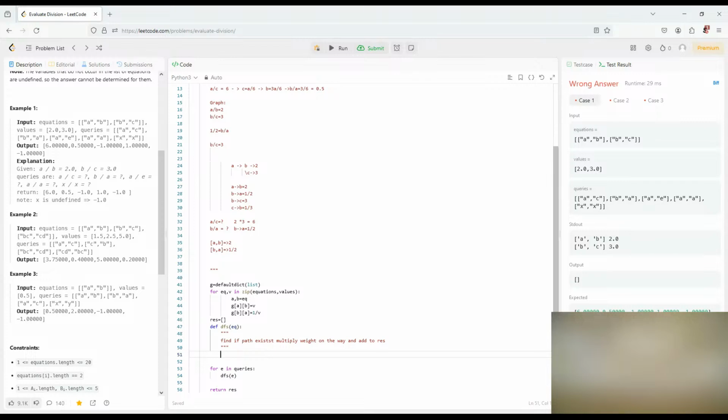That's the same. So how are we going to do it? So obviously we can enumerate, we have to start with a starting point, right?